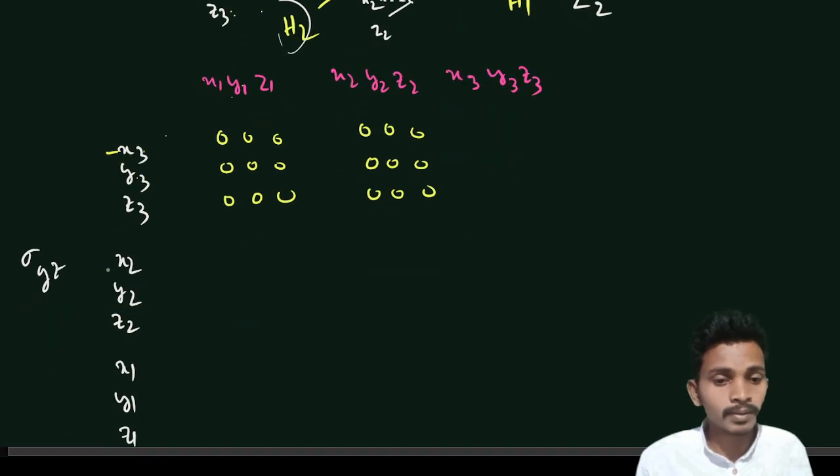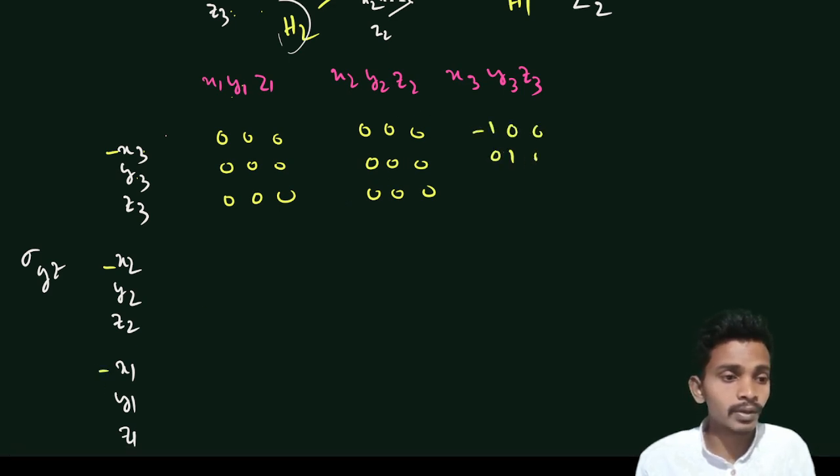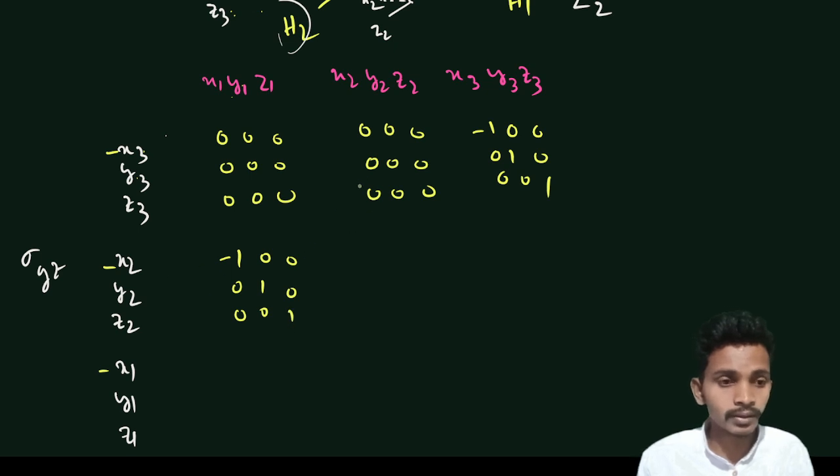Similarly here also this is negative, this is negative, so I will put -1 0 0 1 0 1. Okay, similarly here it's 1 0 0 1 0 0 0 1.